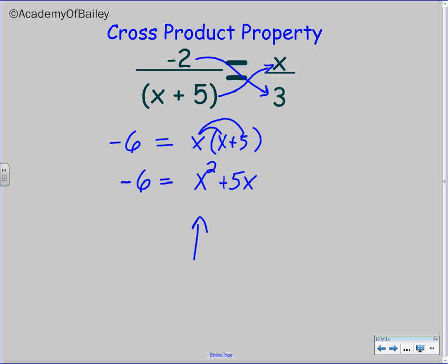Well, since we have a quadratic here, we're going to try to set one side of the equation equal to 0, so that way we can find out what the solutions are, find out what the roots to the quadratic equation are going to be. So to do that, let's add 6 to both sides.